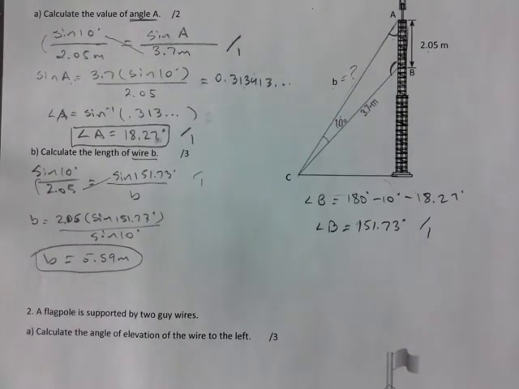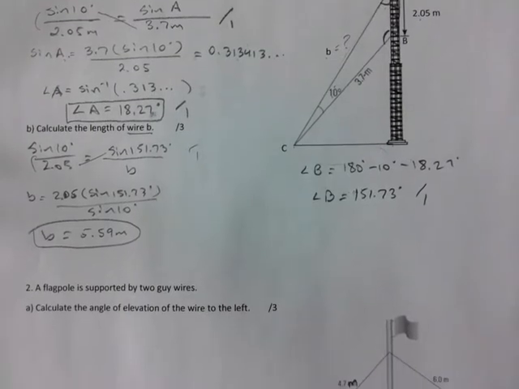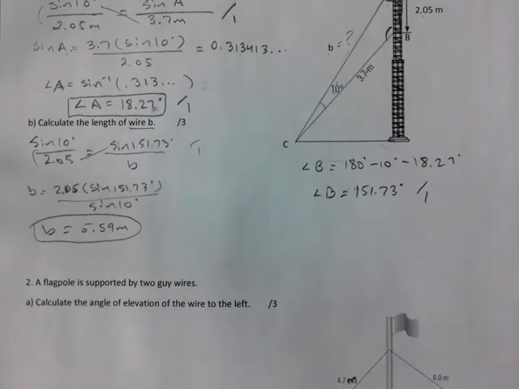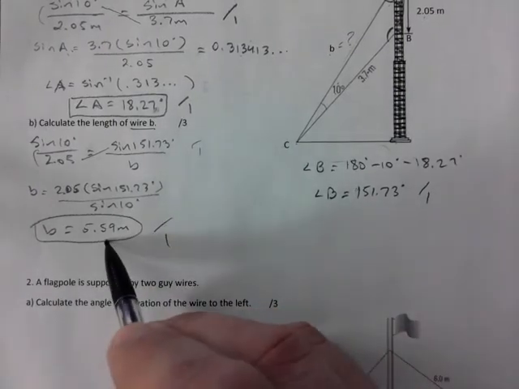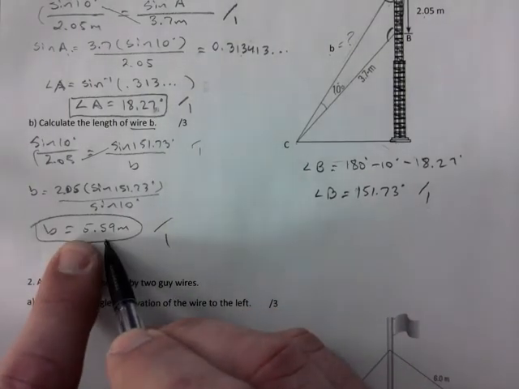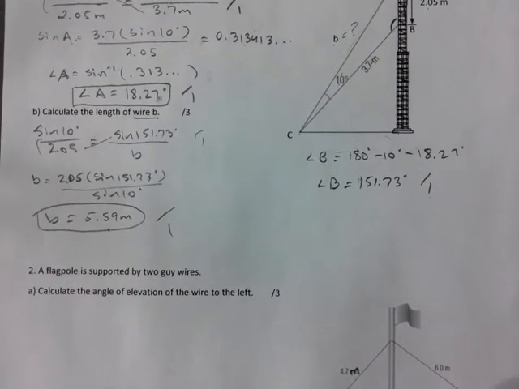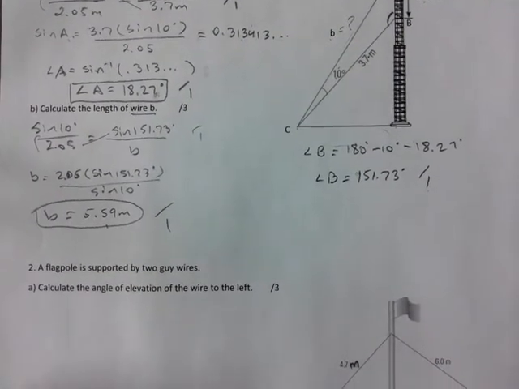Just do setup, boom, boom, and then you're safe. You're not going to lose marks. So no inverse here, a bit less work. So 1 mark for the correct final answer. Yours might be slightly different. I don't think it will be, right? So 5.59 is what we're after, and that's that.